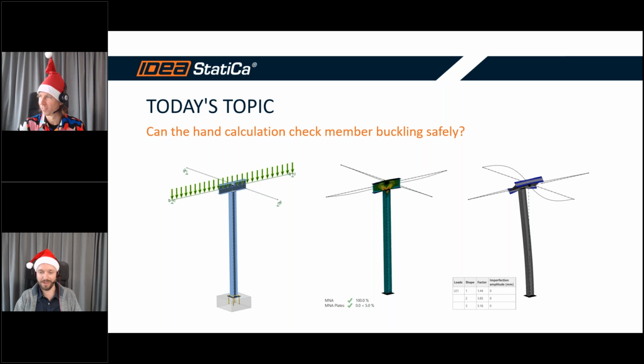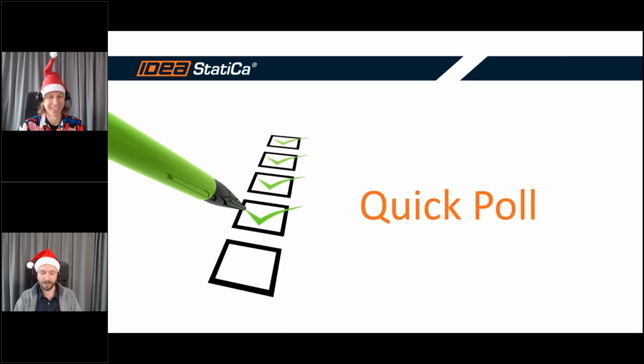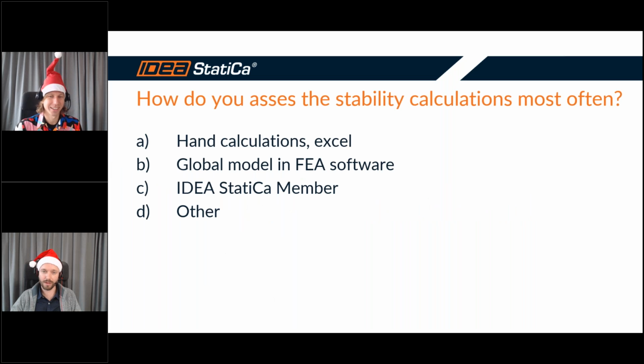As we always do, we are very keen to hear your feedback, your point of view on the topic. So we prepared several polls, and the first one is a general question: how do you assess this kind of stability calculation?